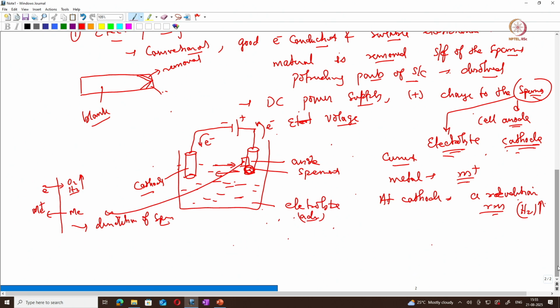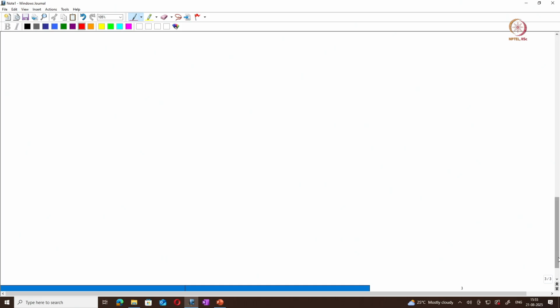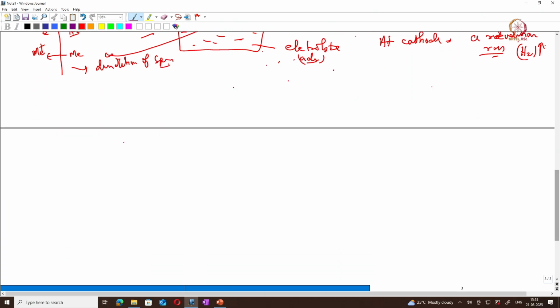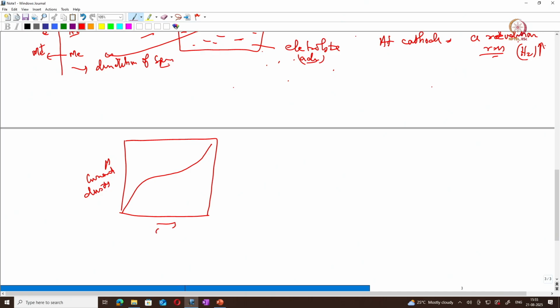Okay, so usually during the electropolishing, there are 3 regions. Okay, so this is your current density, and this is the specimen voltage applied, in volts.